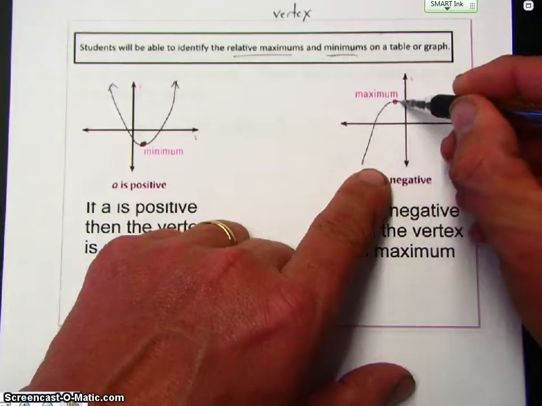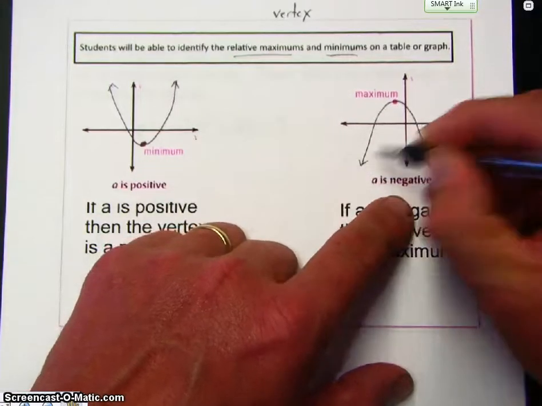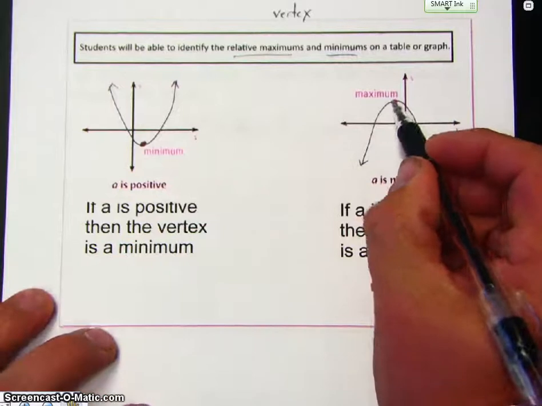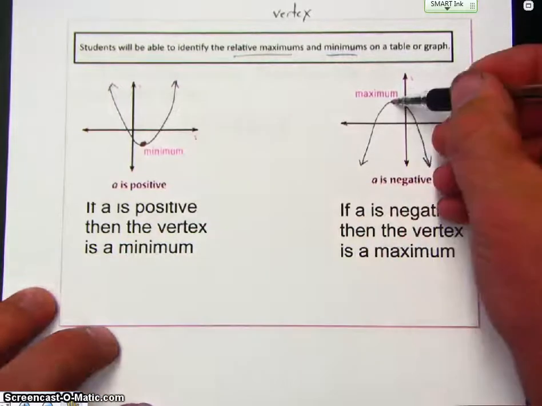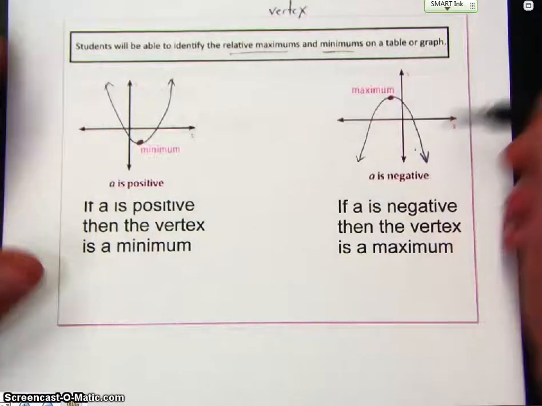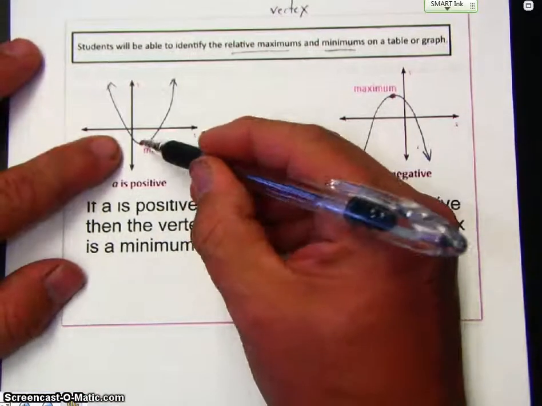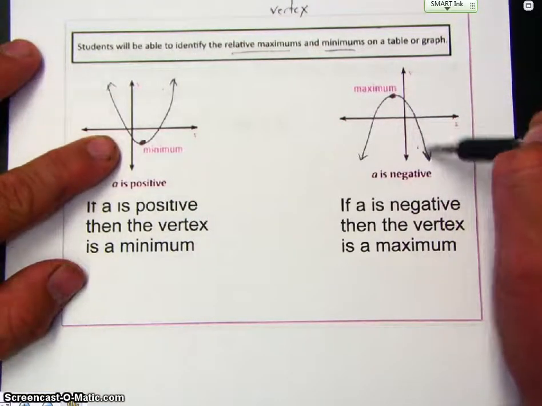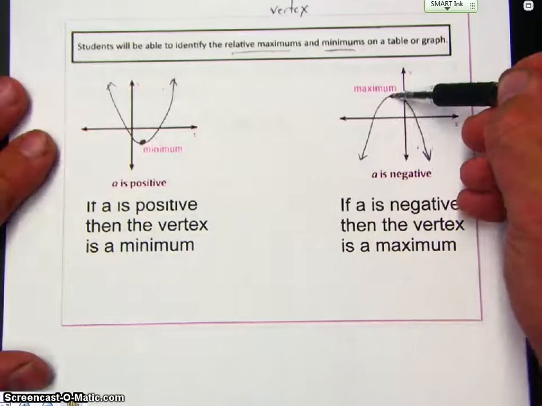For this parabola, the vertex, which is a maximum, is it a hill or a valley? Valley means minimum, the vertex is the lowest point. If it's a hill, it means our vertex is a maximum.